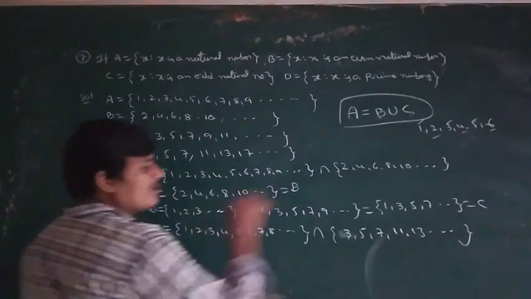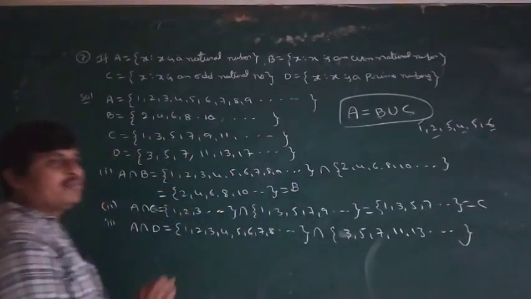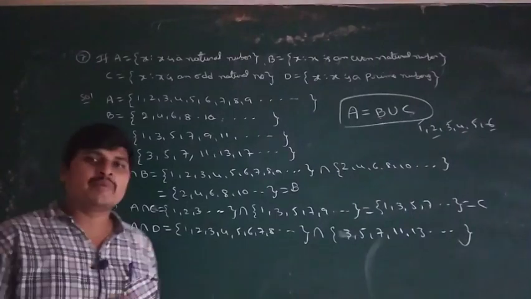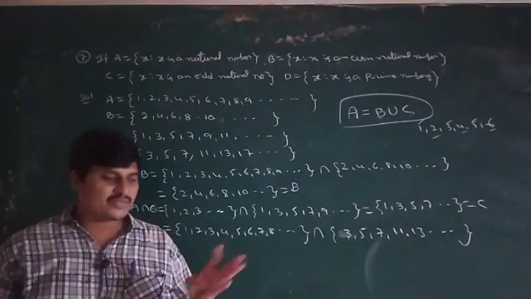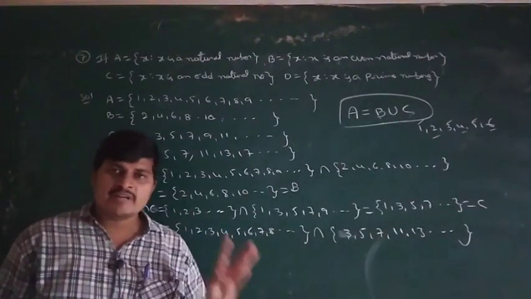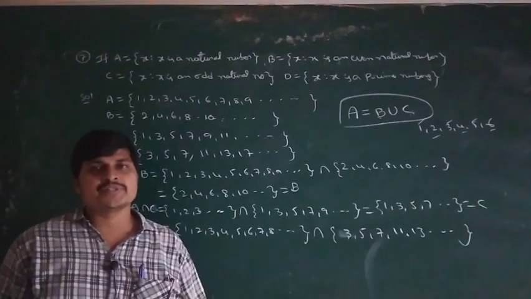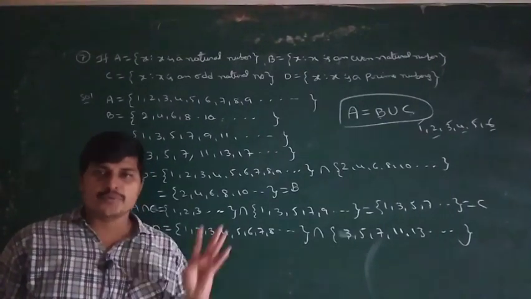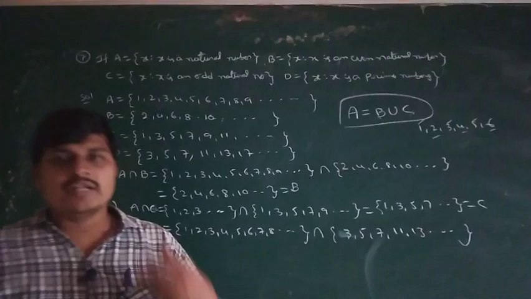In natural numbers, prime numbers are also there. In natural numbers there are even numbers, odd numbers, prime numbers, composite numbers, all numbers are there.